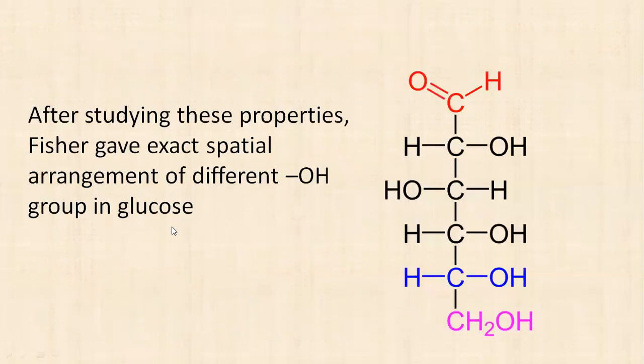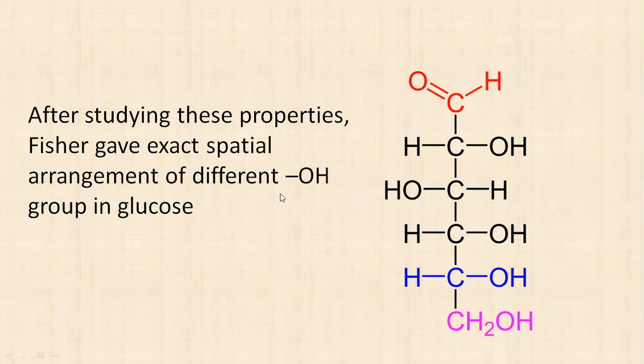So, after studying these properties of glucose, all these reactions of glucose with hydroxylamine, HCN, or when glucose reacts with acetic anhydride, the scientist Fischer gave the exact spatial arrangement of different OH groups in glucose.